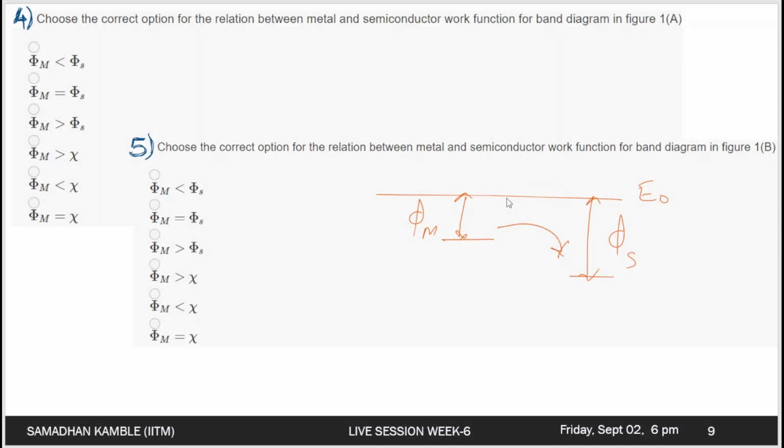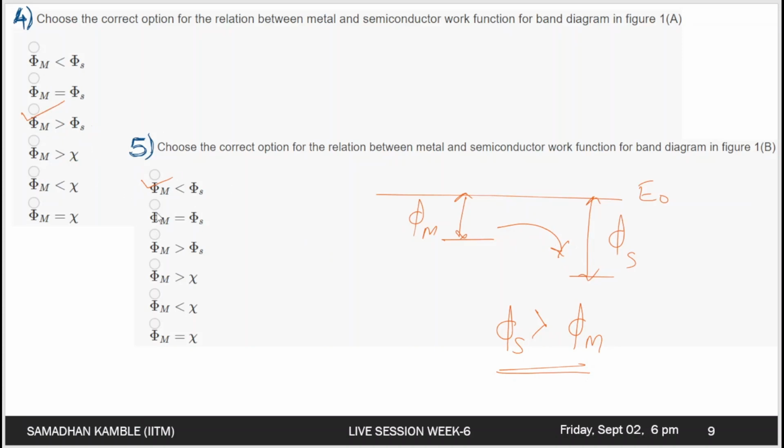Hence this will also be called an ohmic contact. So we can see that phi s is greater than phi m for B, and phi m is greater than phi s for A.